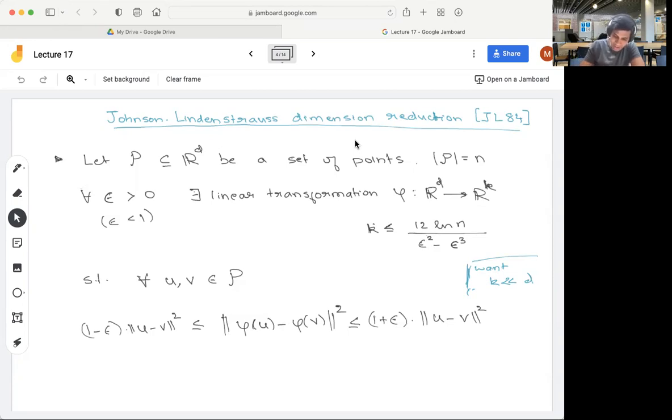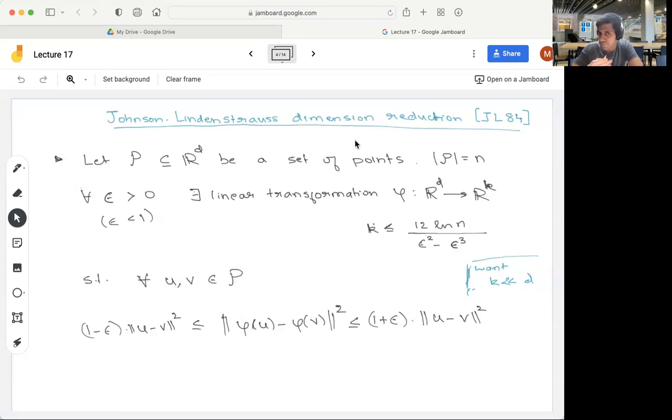And what we want is that we map our points to k-dimensional space, but in such a way that if I look at the image of u and image of v, then the distance between these is more or less the same as the distance between u and v. And importantly, we want this for all points in our data set. And what the Johnson-Lindenstrauss lemma says, in fact, it says something even stronger, is that you can do this by a simple linear transformation.